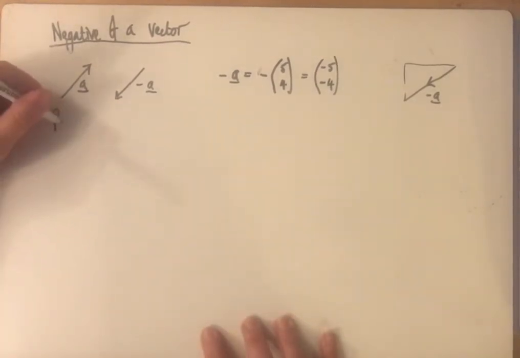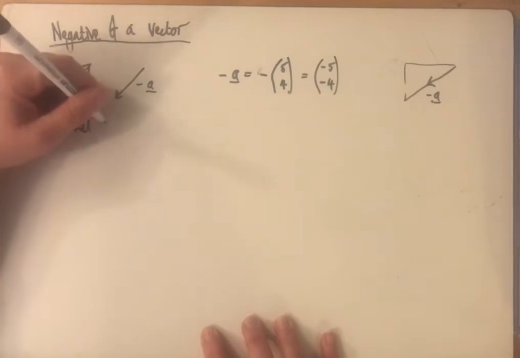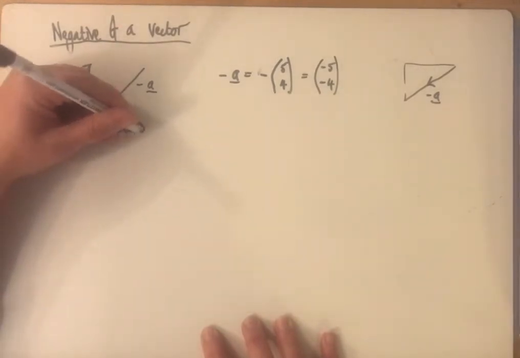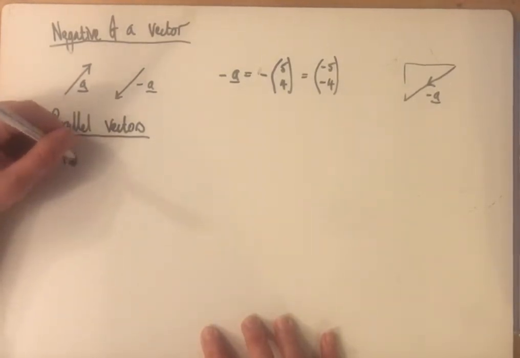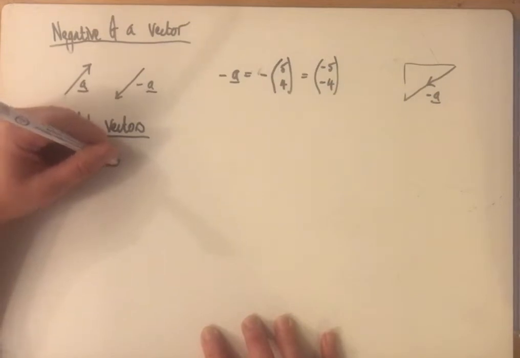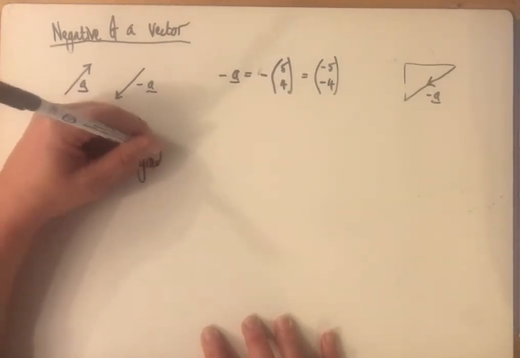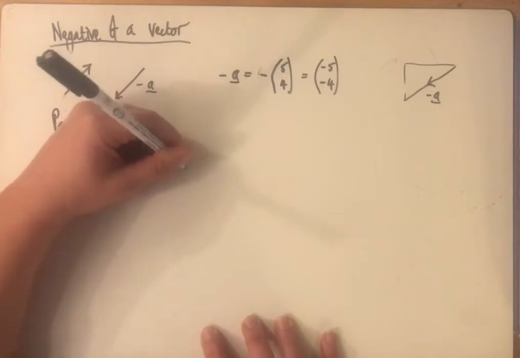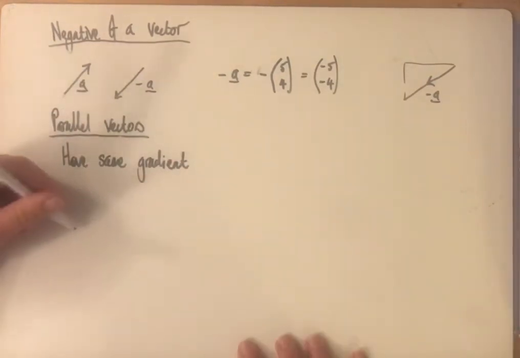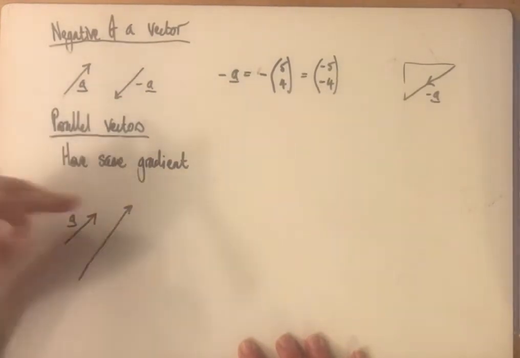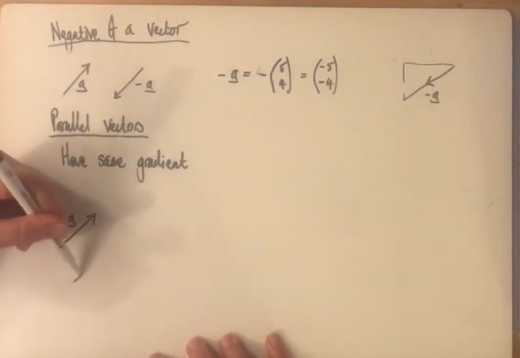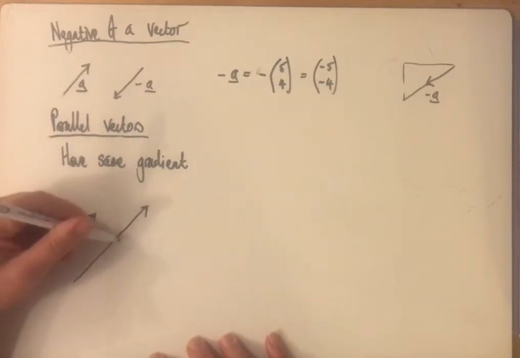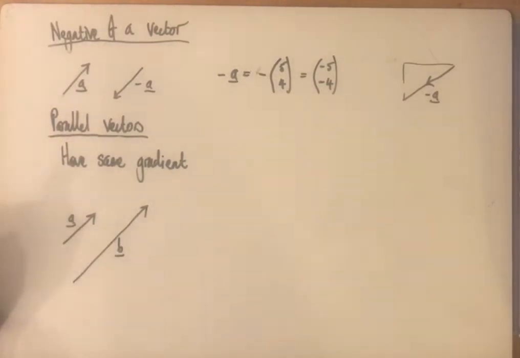Parallel vectors. These have the same gradient, or they're travelling in the same direction. So, for instance, A and, sorry, it doesn't look very parallel. Should we do that one? A and B would be parallel vectors.